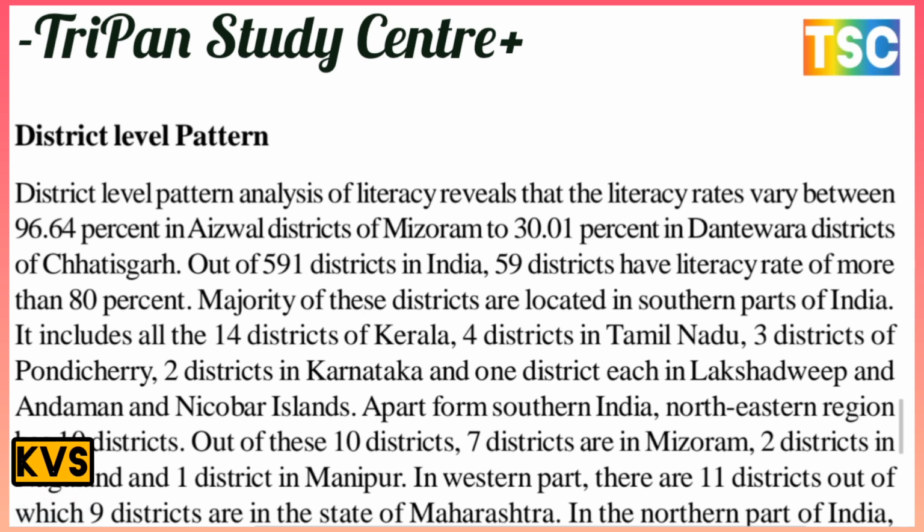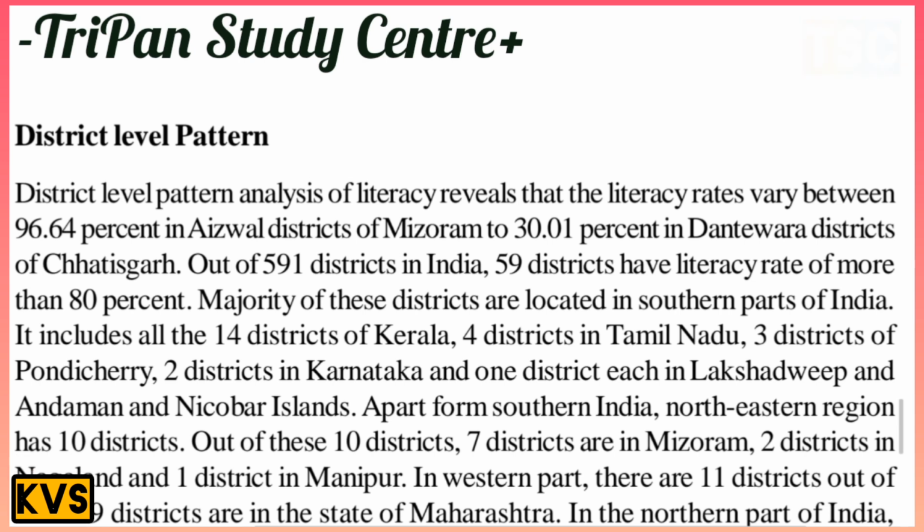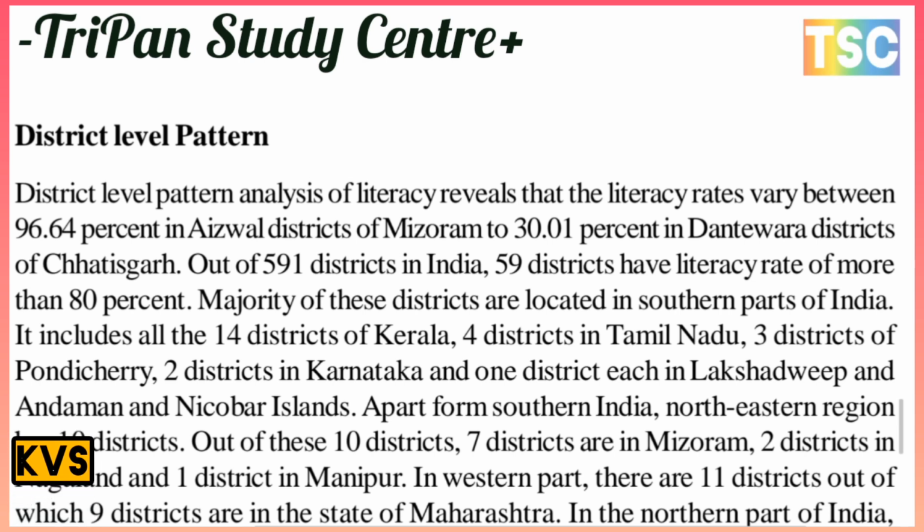Out of 561 districts in India, 59 districts have a literacy rate of more than 80%. The majority of these districts are located in the southern part of India. It includes all 14 districts of Kerala, 4 districts in Tamil Nadu, 3 districts of Pondicherry, 2 districts of Karnataka, and 1 district each of Lakshadweep and the Andaman and Nicobar Islands.